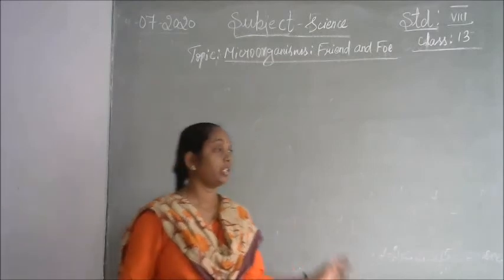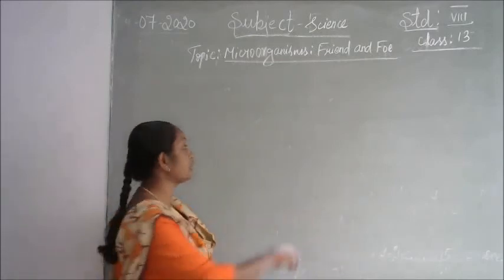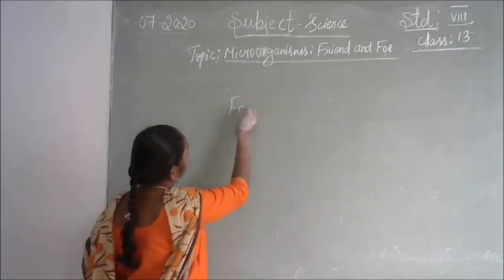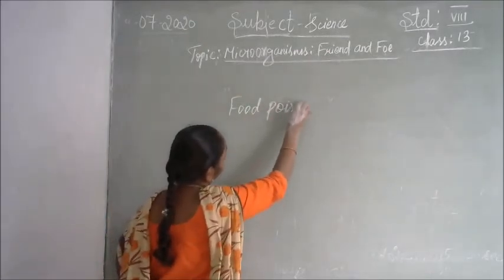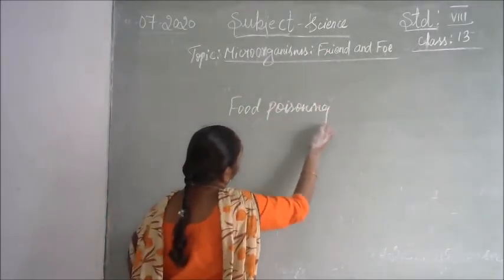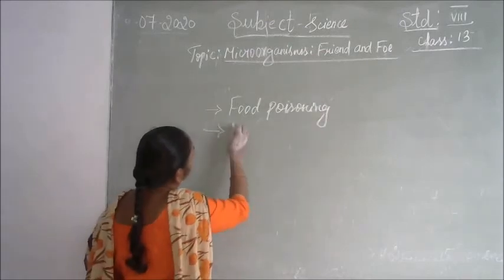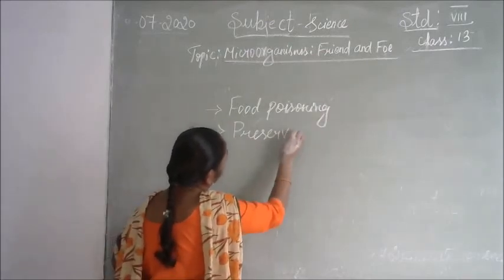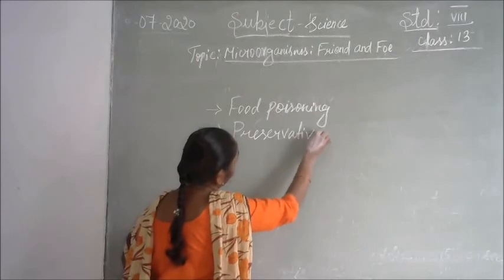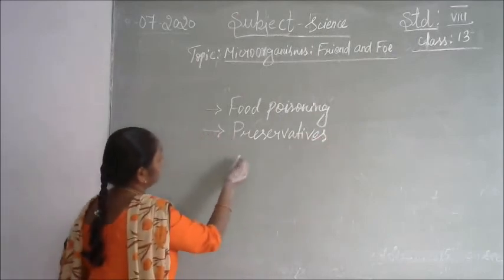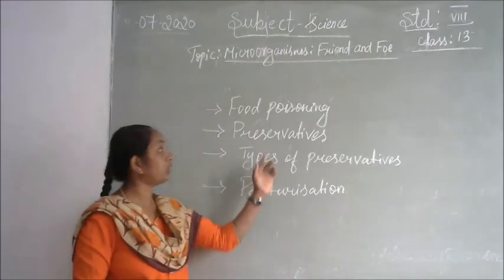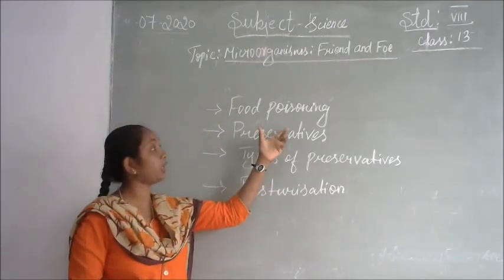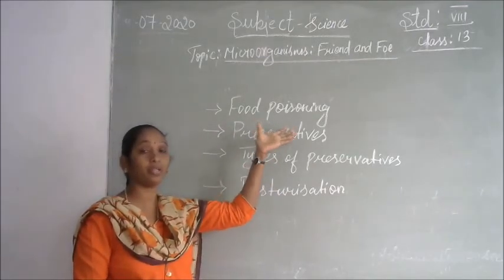Okay, now let us recap what we discussed today about food poisoning, preservatives, and how microbes enter food and spoil food items.